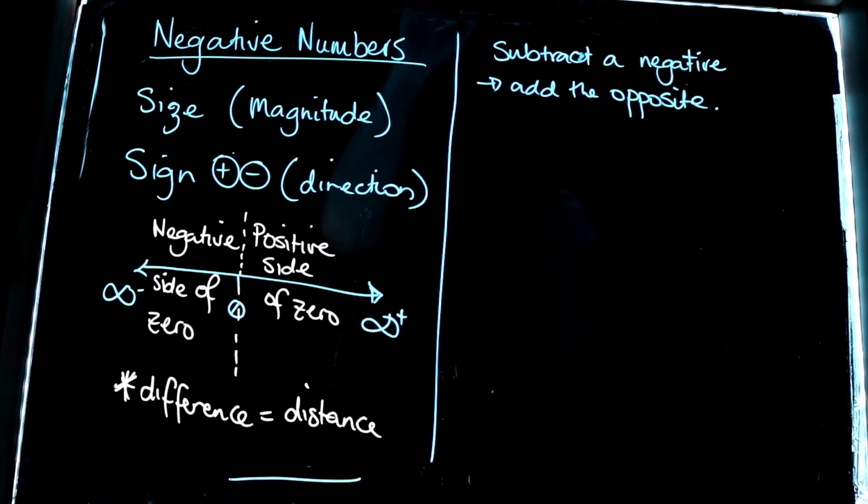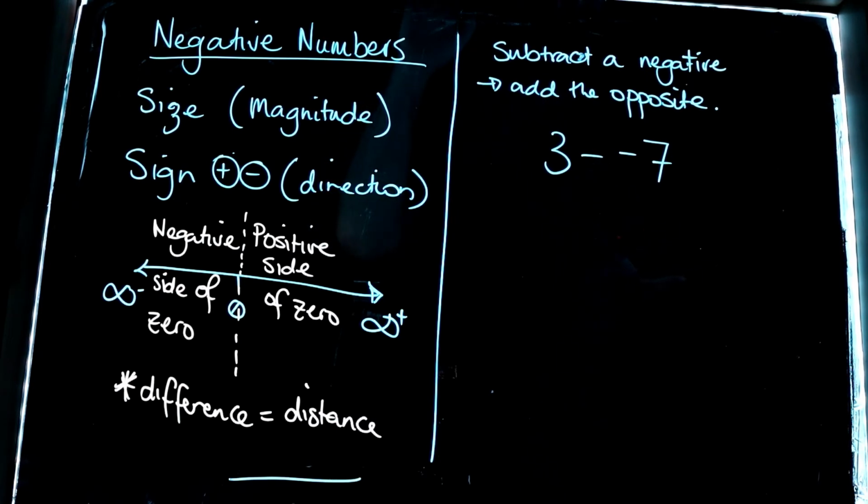So let's just work with some numbers and see how this plays out. It's in this situation here where you've got 3 subtract a negative 7. And they're the key words. They're the phrase, if you like, that you need to hear or you need to say to yourself to allow you to do this step.